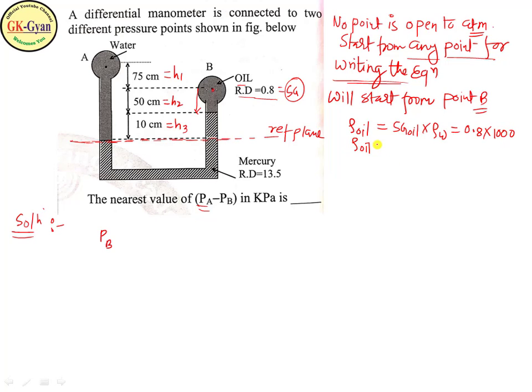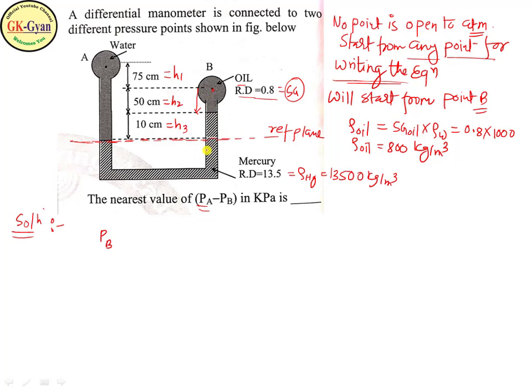Density of oil will be 800 kg per meter cube. Okay, so we get the density of oil. Similarly, the density of mercury Hg, the relative density is given as 13.5, so multiplied by 1000, 13500 kg per meter cube.